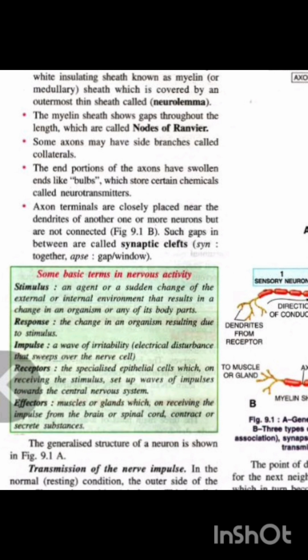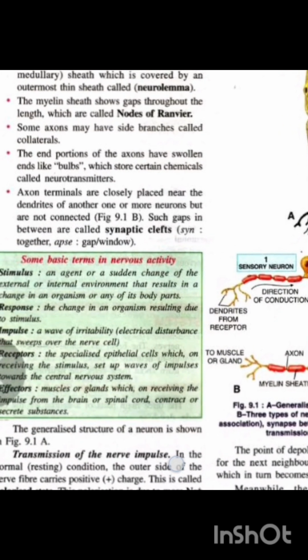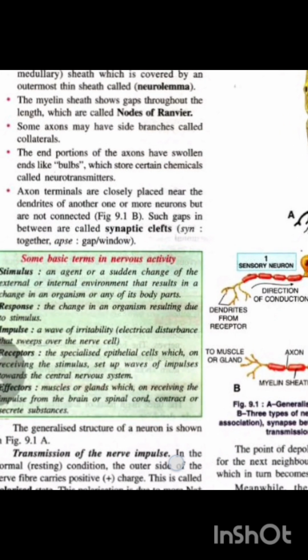And some axons may have side branches called collaterals. The end portion of axons have swollen ends like bulbs which store certain chemicals called neurotransmitters. These neurotransmitters play a very important role during nerve impulse transmission. We'll talk about this later in the chapter.